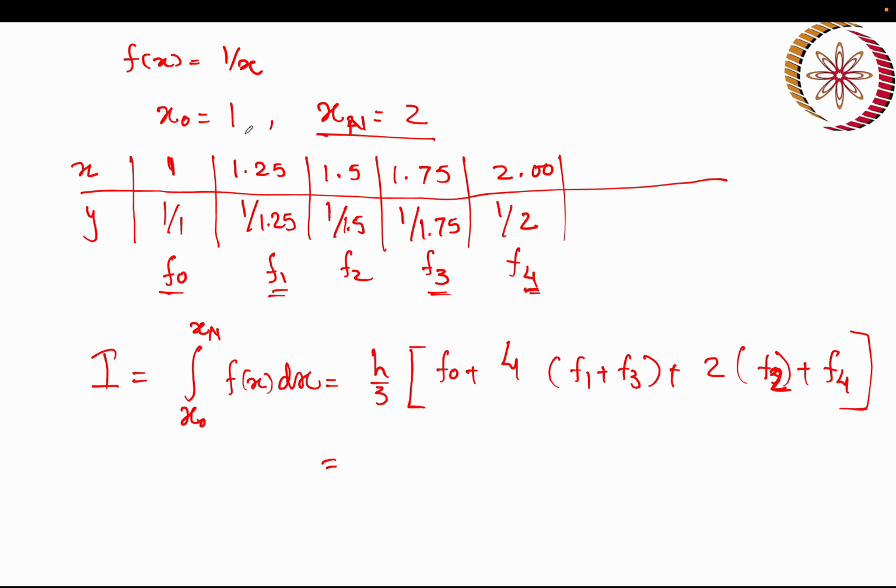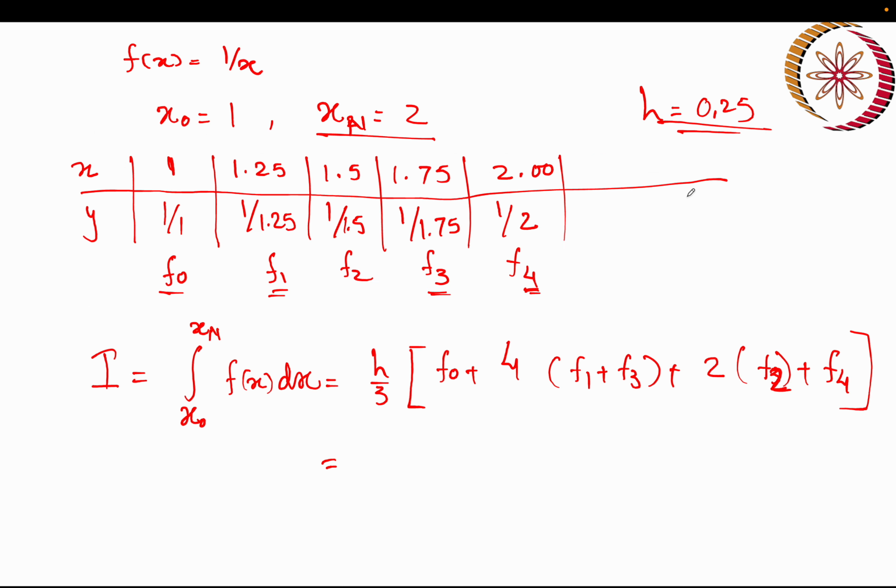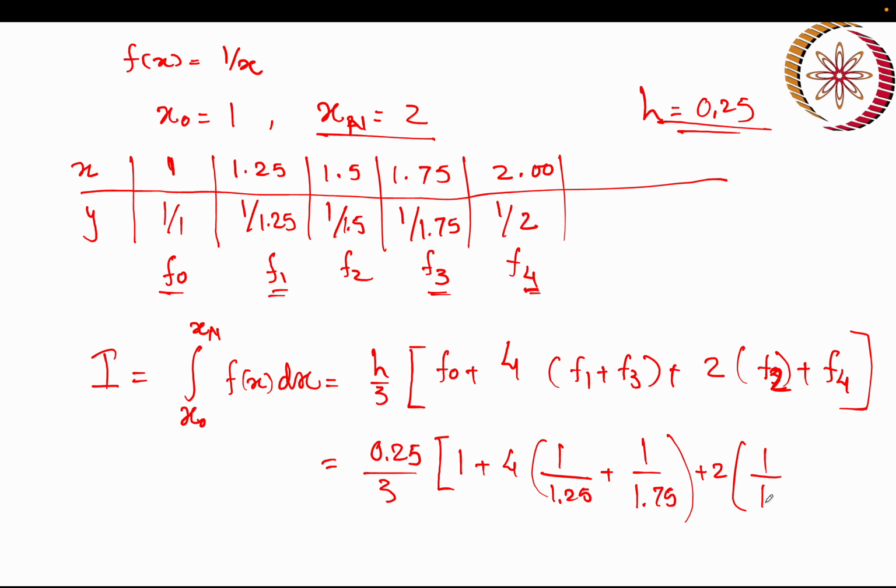H is nothing but the step size, which is already given, 0.25. So 0.25 by 3. f0 is 1, 4 times f1, which is 1 by 1.25, plus f3, which is 1 by 1.75, plus 2 times f2. So f2 is 1 by 1.5, and f4, which is half.